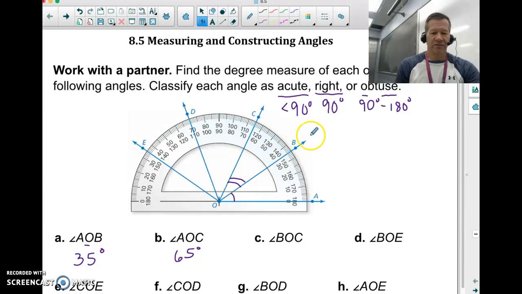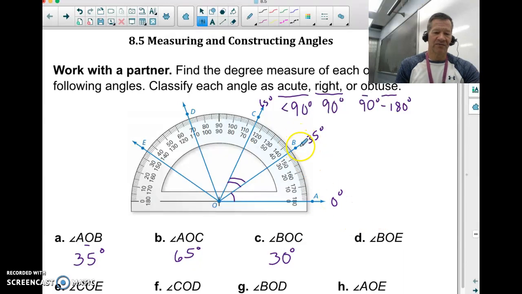B points at 35, while C points at 65. So we're going to have to find the difference between them, kind of like the ruler postulate we used earlier. We take 65 and 35, how far apart are they? If you subtract those, you get 30 degrees. So 65 minus 35 ends up being that.